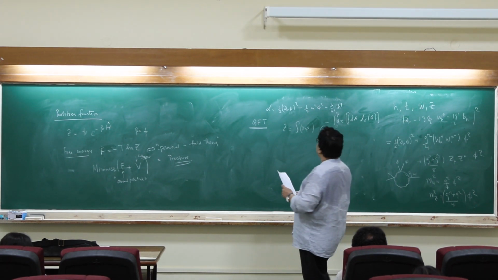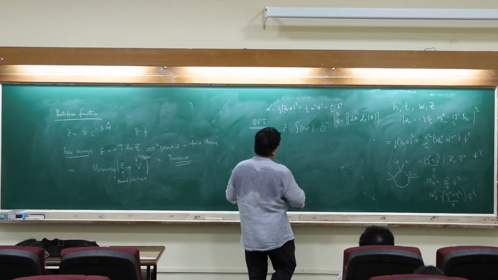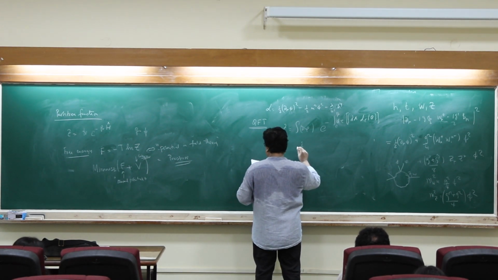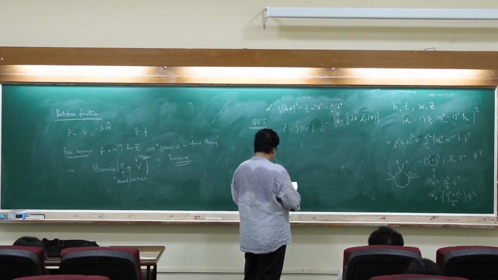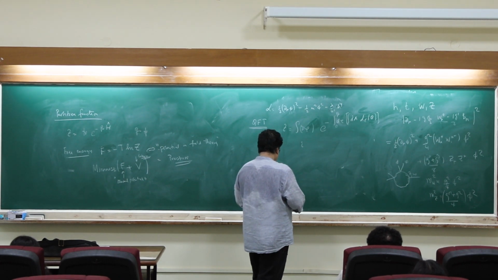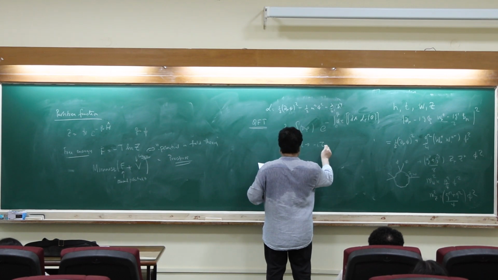First, I start with my usual partition function and take t to minus i tau.